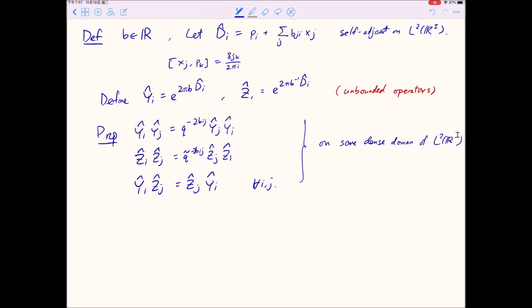One good choice will be those of the form e to the minus x squared times some polynomials in x. So for polynomials of this form, these operators will act on this dense subspace and satisfy these commutation relations.